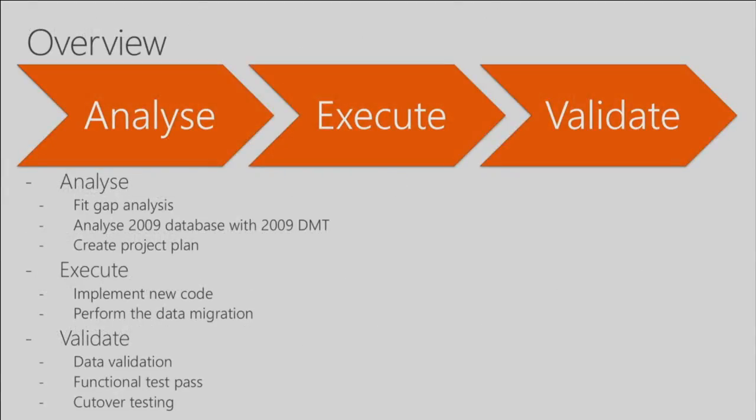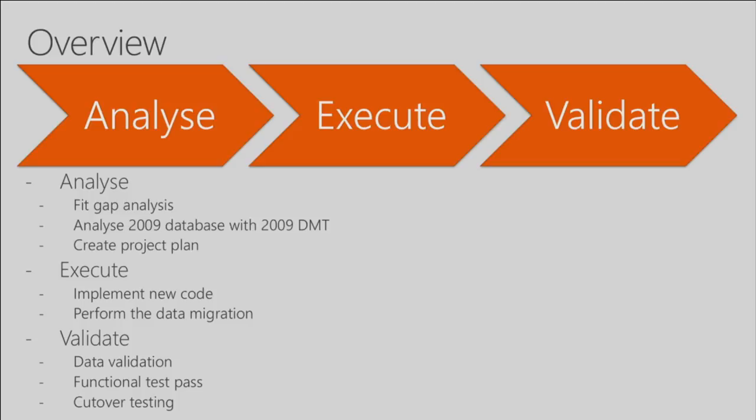So, in terms of the very high-level overview, it's very simple: analyze, execute, and validate. In the analysis phase, I'll go into each phase in more detail. Because, like we discussed, there's a lot of functional difference between 2009 and D365, right?